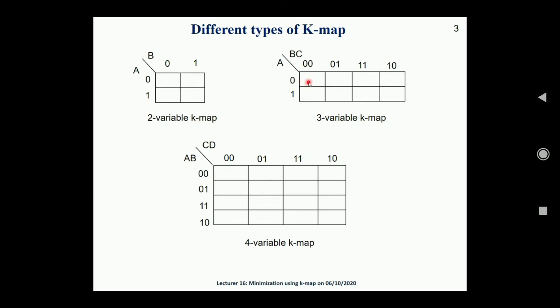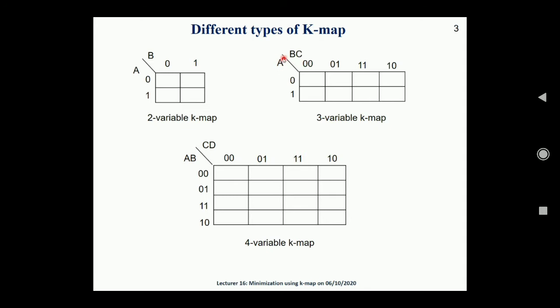Similarly, for the 3 variable, this side we are going in sequence A, B, C. We are going this way, A, B, C. Some books may write it differently, but if you are using A, B and C, that is also correct. This particular table is in a defined form, so you can always maintain this template. Maurice Mano and many other books use this standard template.